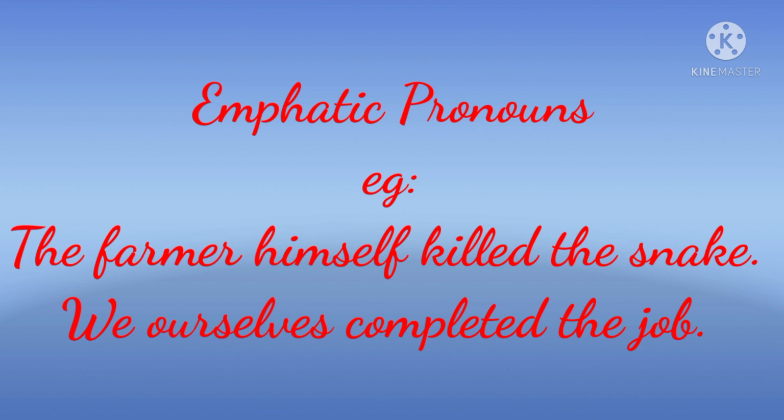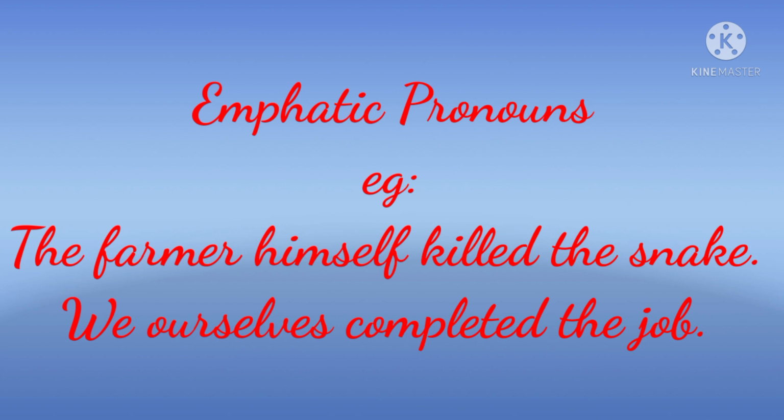See the structure of it. In order to emphasize the person, the emphatic pronoun is used here. Even if it is not used, the sentence is complete. But if it is a reflexive pronoun, the meaning will not be completed unless we use the reflexive pronoun. The farmer himself killed the snake.